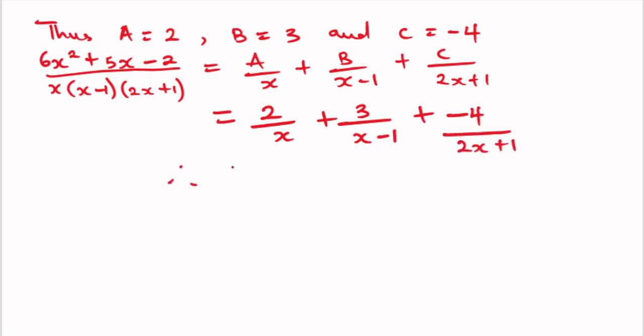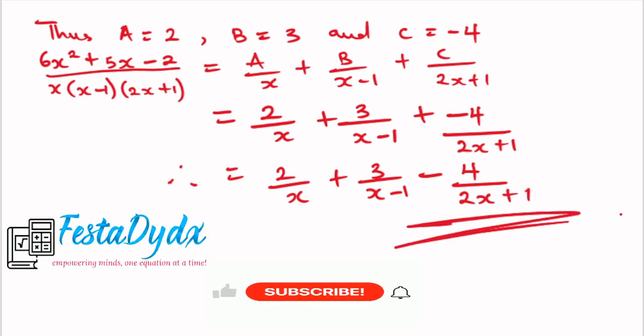So therefore, the answer is 2 over x plus 3 over x minus 1 minus 4 over 2x plus 1. So these are the answers for the expression given in this question.